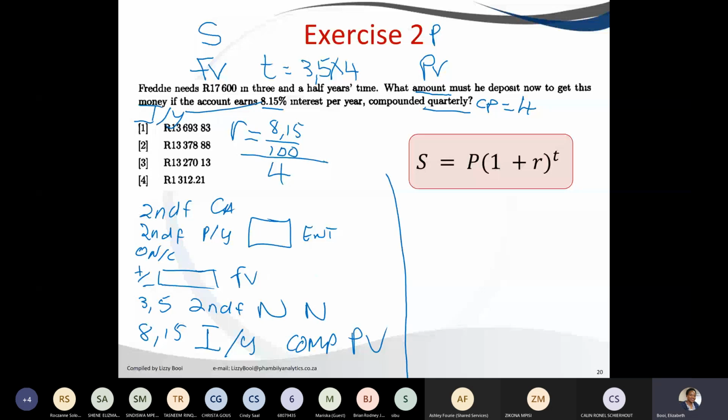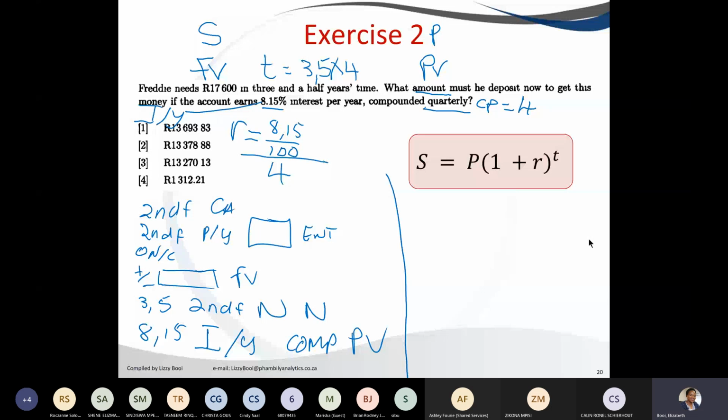Those who are doing it manually, which is a little bit harder now, 3.5 multiplied by 4, which is 14. Let's change color and go back to red.